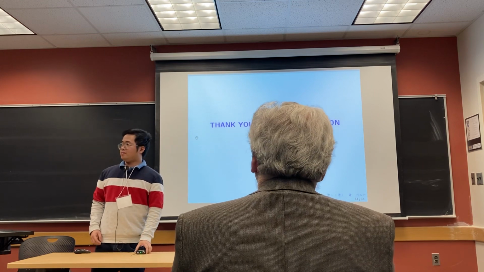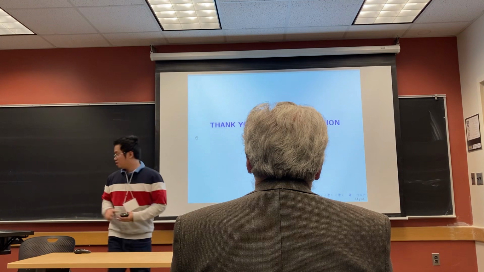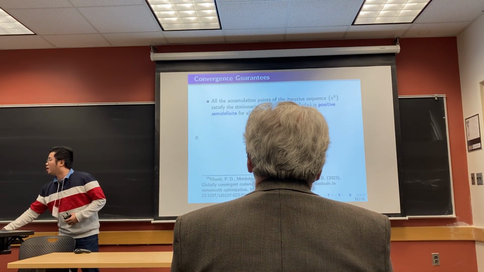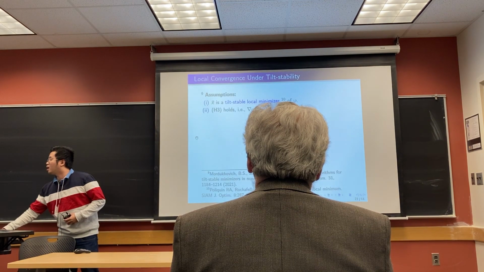Any questions so far? Yes, Terry? Could you go back to your metric regularity assumption early on? I lost track of whether you were assuming this all along, or when you were assuming it.